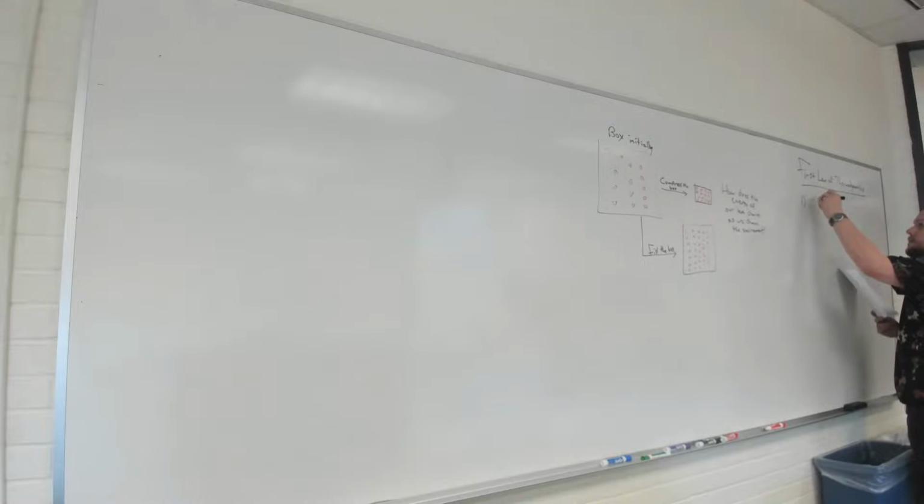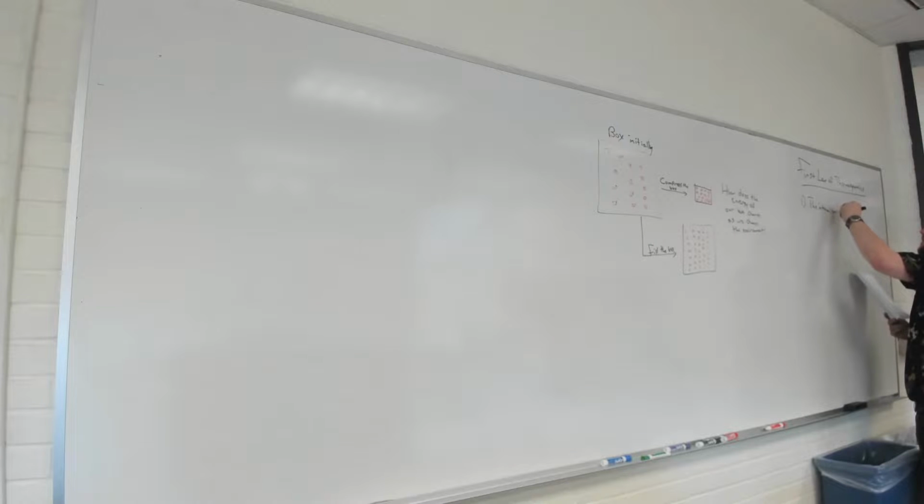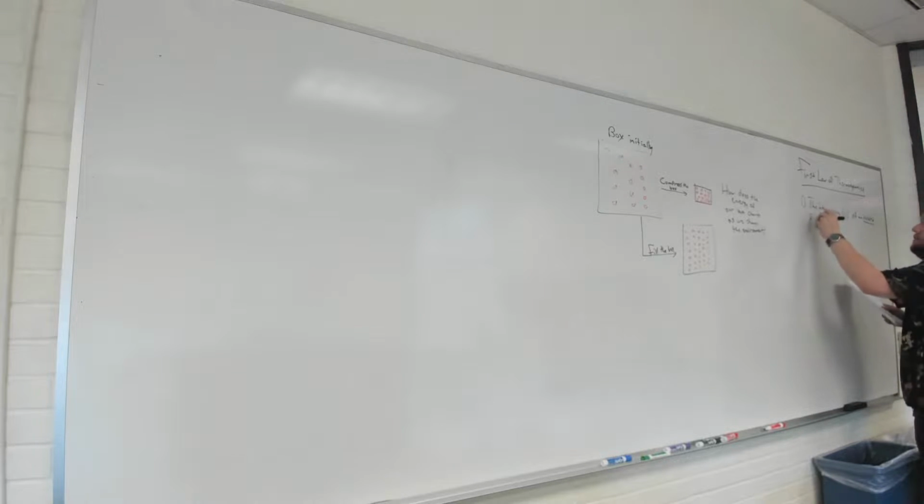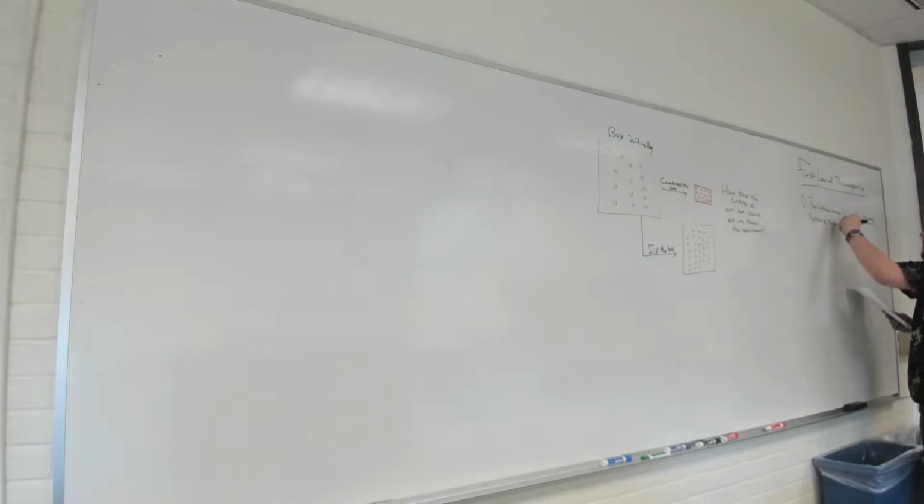The first one is that the internal energy, right, that's all the energy contained in our system internally, which I will always write as U, of an isolated system. I have not defined what that is yet, but I will talk about that in a second. is constant. It's unchanging.